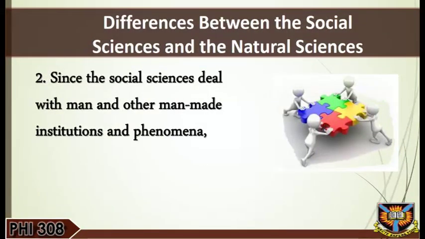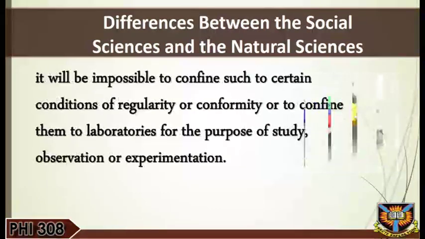Another difference between the natural sciences and the social sciences can be seen in the way they deal with their objects of study. Since the social sciences deal with man and other man-made institutions and phenomena, it will be impossible to confine such to certain conditions of regularity or conformity, or to confine them to laboratories for the purpose of study, observation, or experimentation.